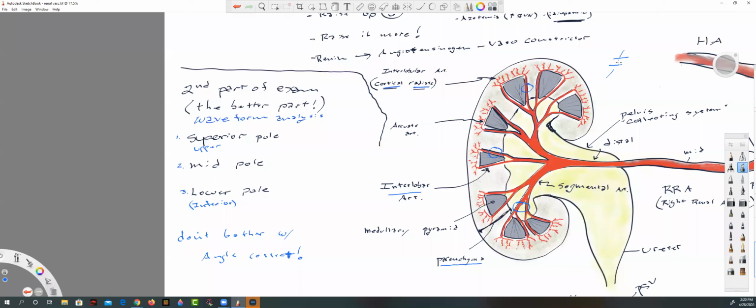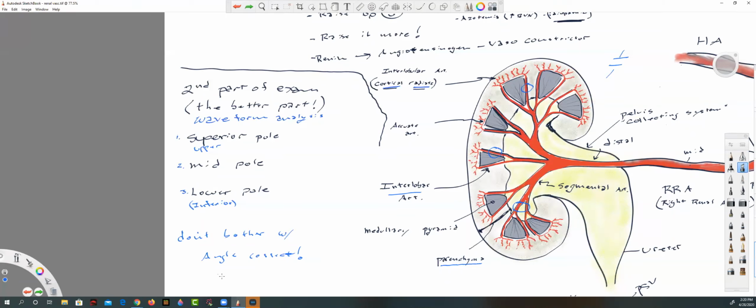In other words, you don't have to sit there and figure out exactly how the blood vessel is going. There's 2 reasons for that. One, it's very hard to angle correct when you have a tiny piece of an artery on color and you're angle correcting on that. Are you really angle correcting, or do you think you're angle correcting? That's one. It's hard to be accurate.